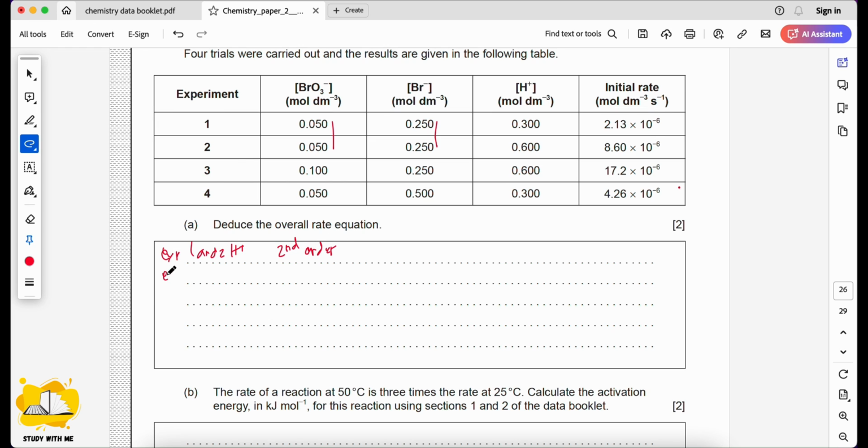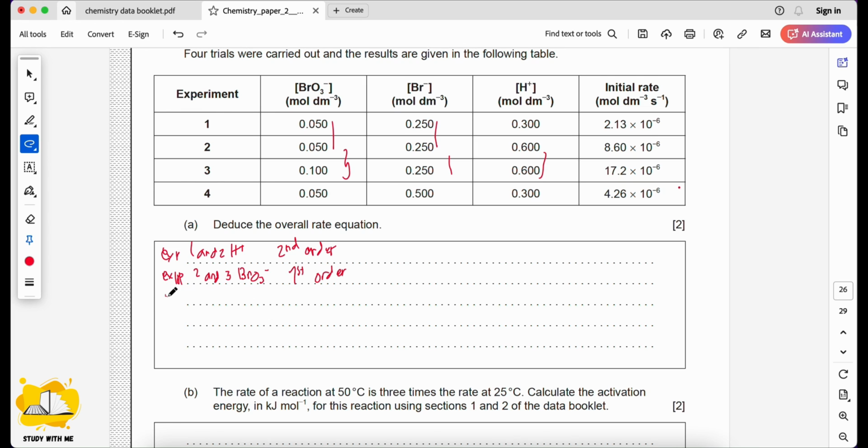And for experiments 2 and 3 for BrO3-, 2 and 3, this one is the same, and then this one the same, and this one. So doubling the concentration doubles the rate. So it's first order.